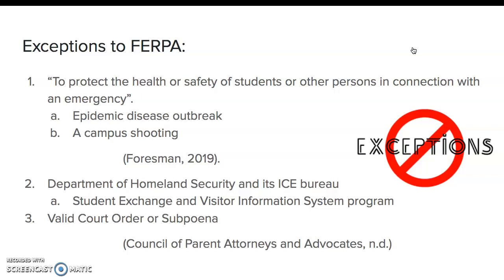The Department of Homeland Security or its ICE Bureau can have access to student information, especially student exchange or visitor information, or if a student is overstaying their visa, more specifically in the college setting. And anytime someone comes to the school with a valid court order or subpoena, then they have the right to the information that they're asking for.